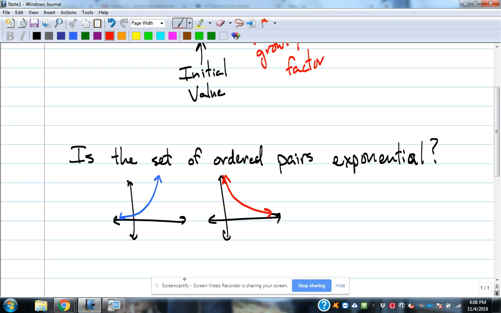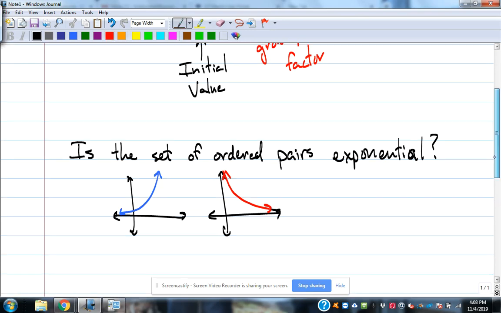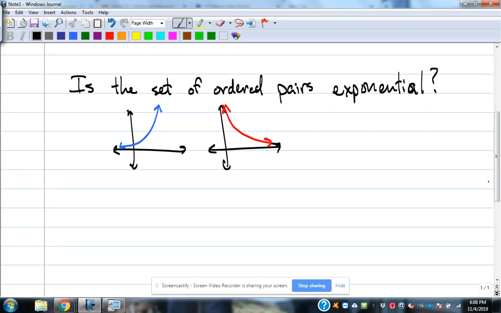And we don't see that as much in everyday things, but if you study carbon dating, it is done using exponential decay of the carbon atoms in whatever object you're trying to date. So there's a use for exponential decay.